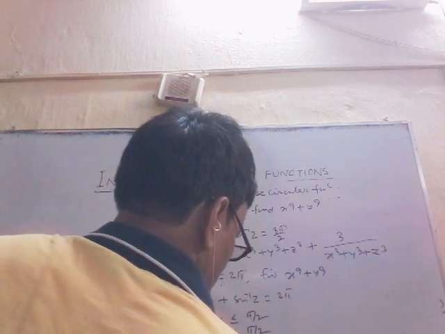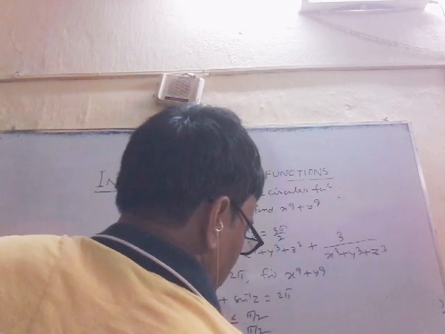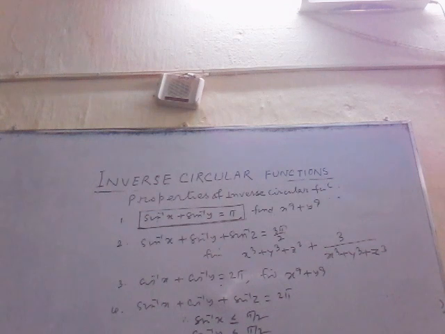So what is x? Sin pi by 2 equals 1. Y, sin pi by 2 equals 1.